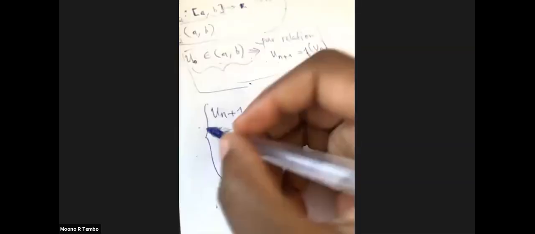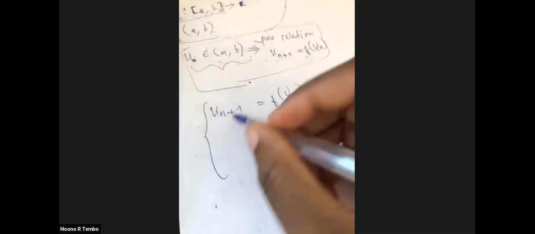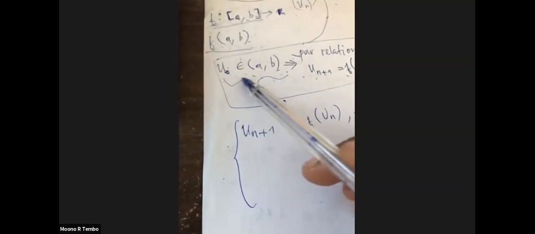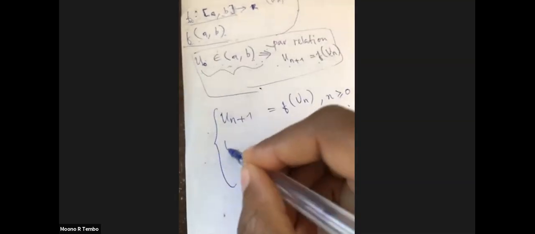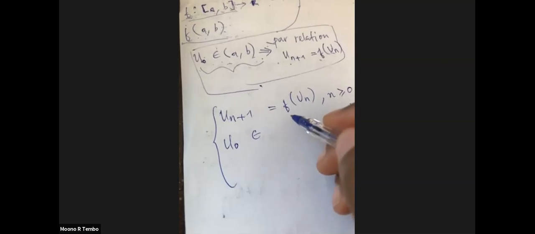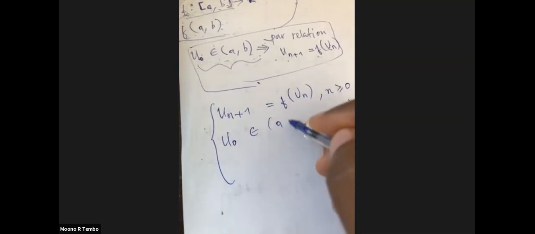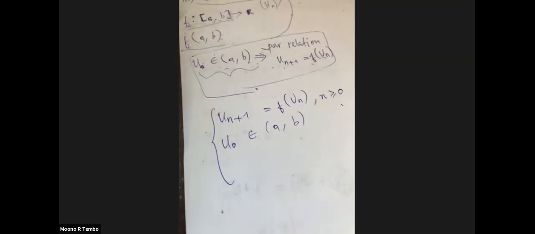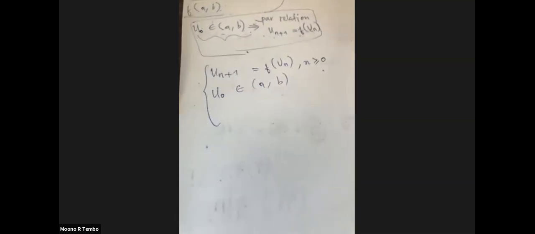This is for the first definition. Now to define this other part, the domain suite is going to be a member of your A and your B. So this is for the first part.